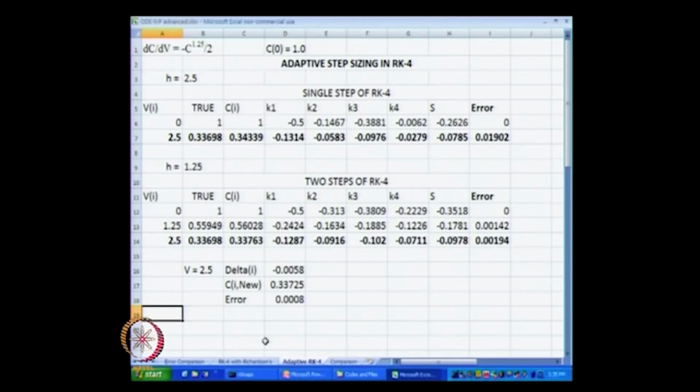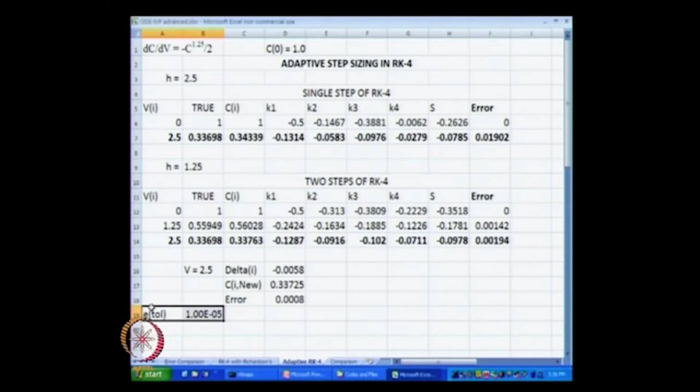It is 2 orders of magnitude lower, sorry, than the accuracy that our method is giving. So desired, or rather epsilon tol, is going to be 1e minus 5, okay. So that is the desired accuracy.